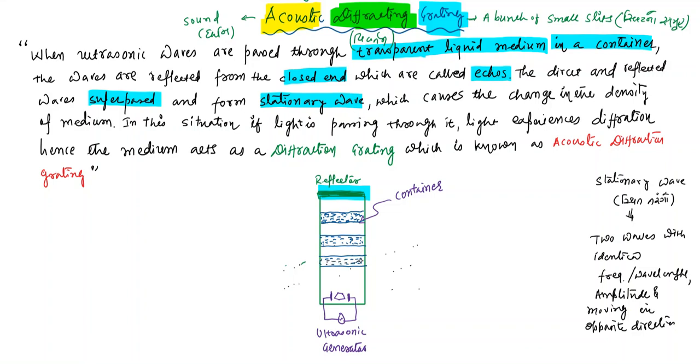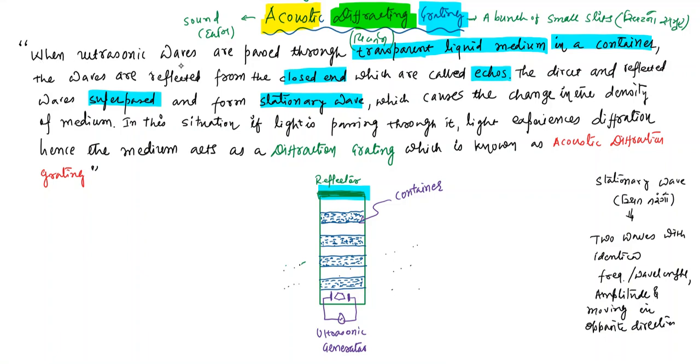So this is how we get regions of high density and low density due to the formation of stationary waves. So let us read it once again.